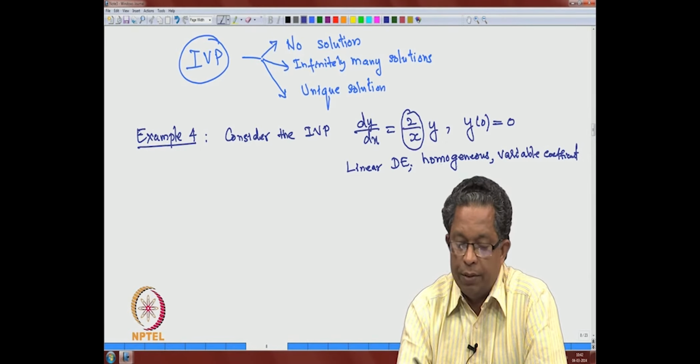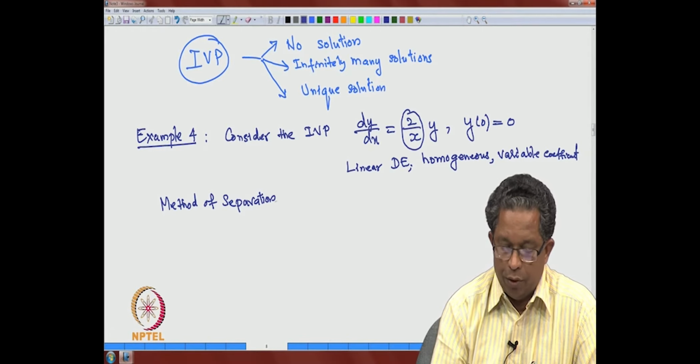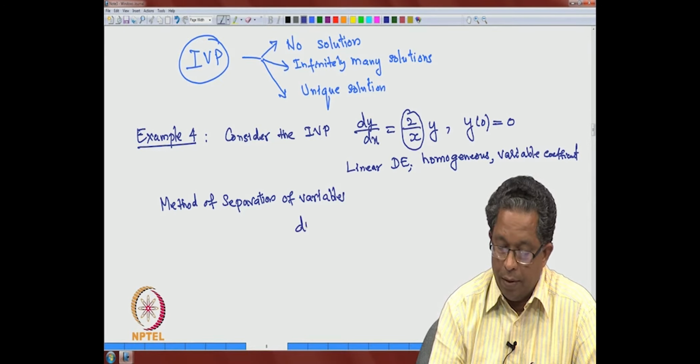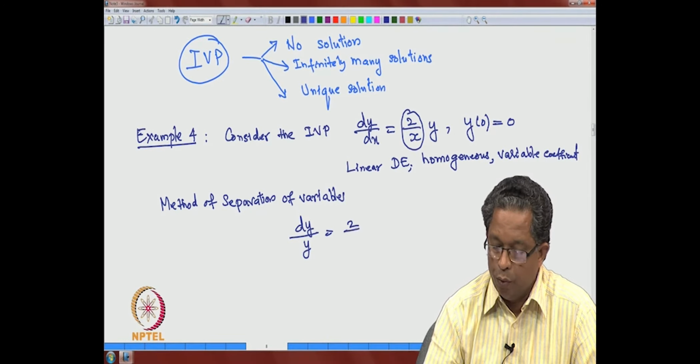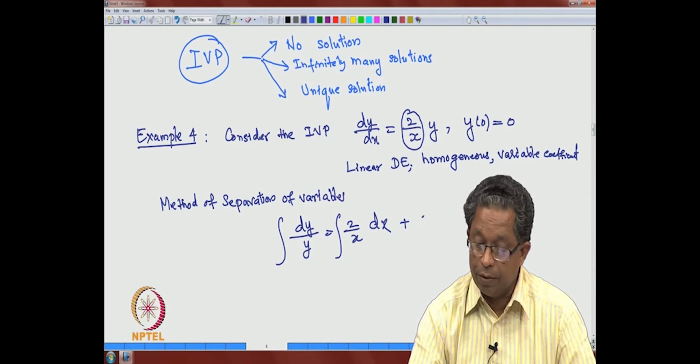Now, let us look into the solution again by the method of separation of variables. We have dy by y is equal to 2 by x into dx, separating out the variables and integrating and adding a constant, call it C0.